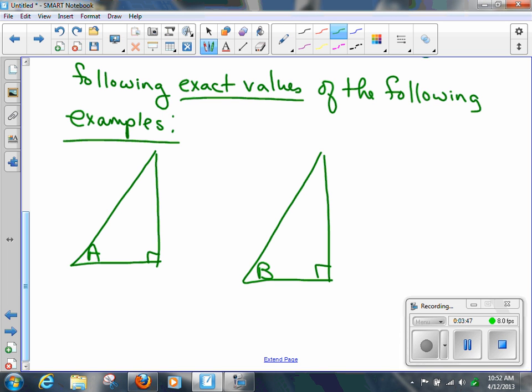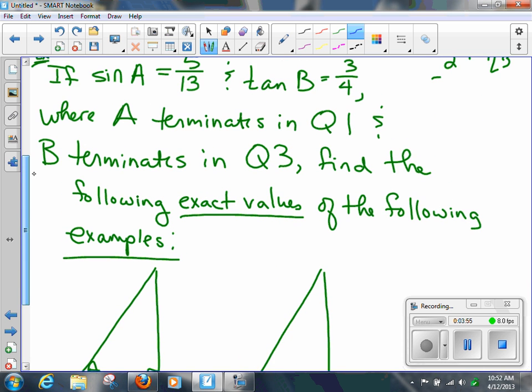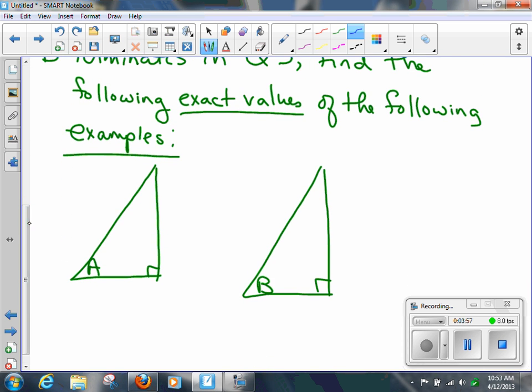Okay. So where is triangle A? Quadrant 1. What do we have to know about quadrant 1? Why is that important? Everything is positive. Cosine, sine, and tangent are all positive in quadrant 1.